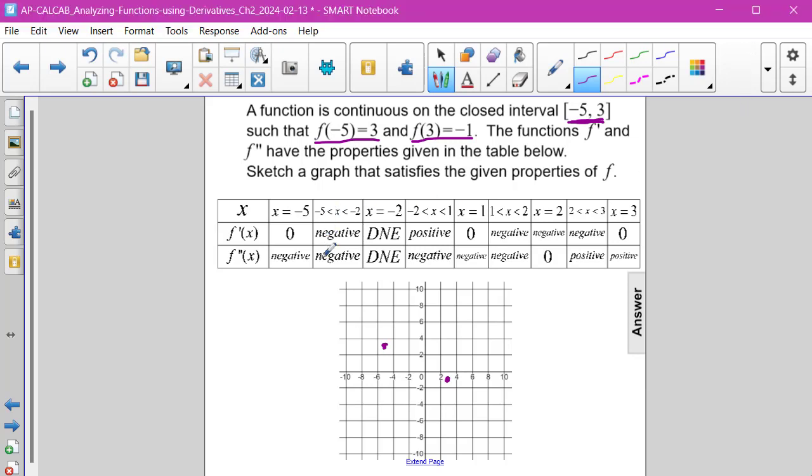Now let's talk about reading the table and making rough sketches directly below the table and then transferring it over to our graph. We're given that at our endpoint of -5, our derivative is 0, and then f" is negative.